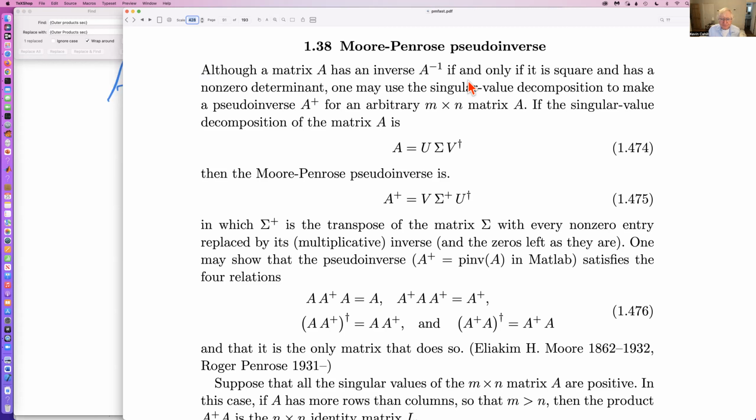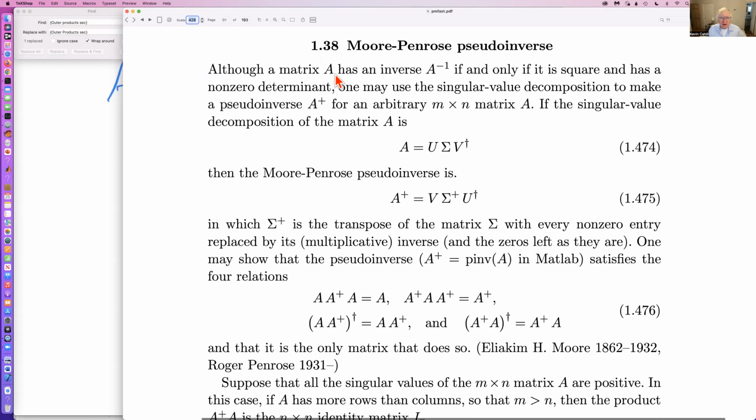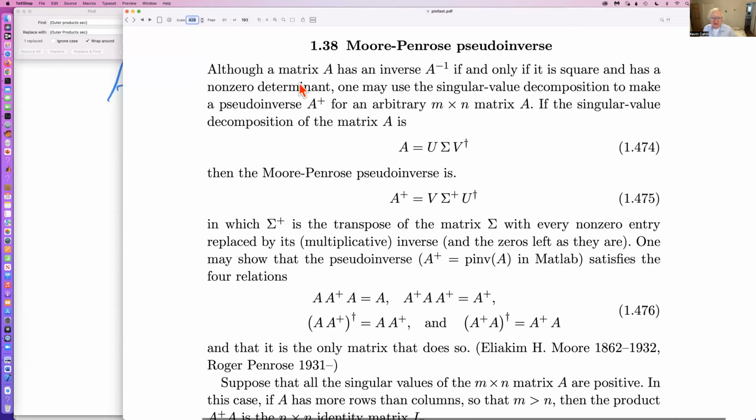Notice that a matrix A has an inverse if and only if it's square and has a non-zero determinant. We can use the singular value decomposition to make the pseudo-inverse of an arbitrary matrix. So this is an application of the singular value decomposition that's particularly amusing.